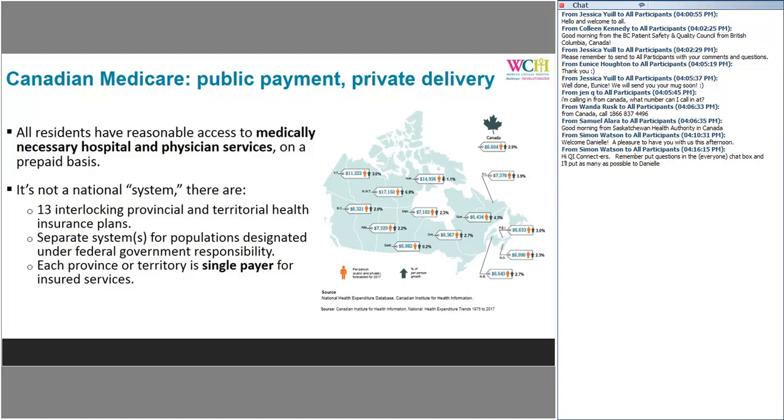And what links them together is a single piece of legislation that determines under what conditions Canadian provinces and territories will receive federal funding to pay for those healthcare systems.